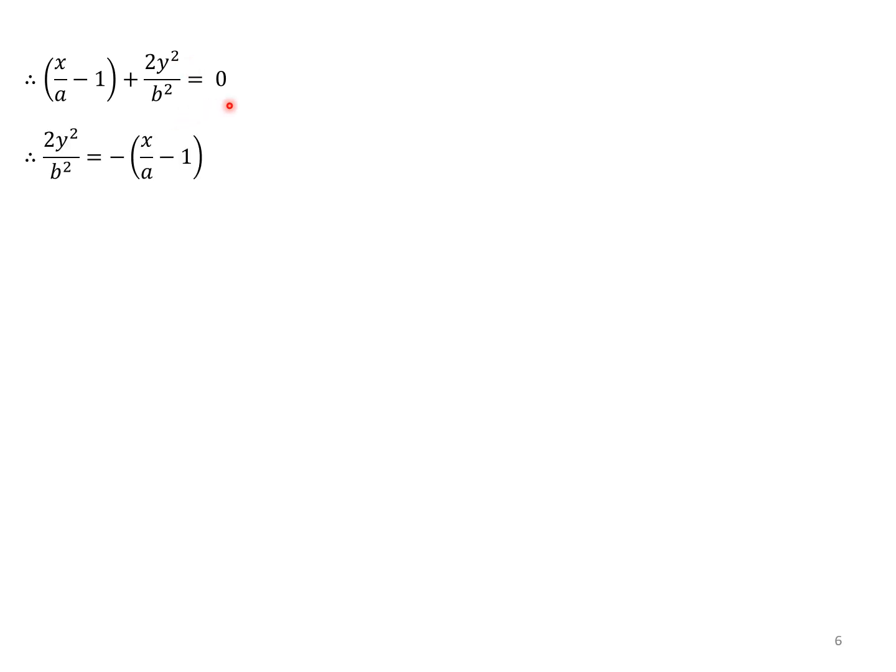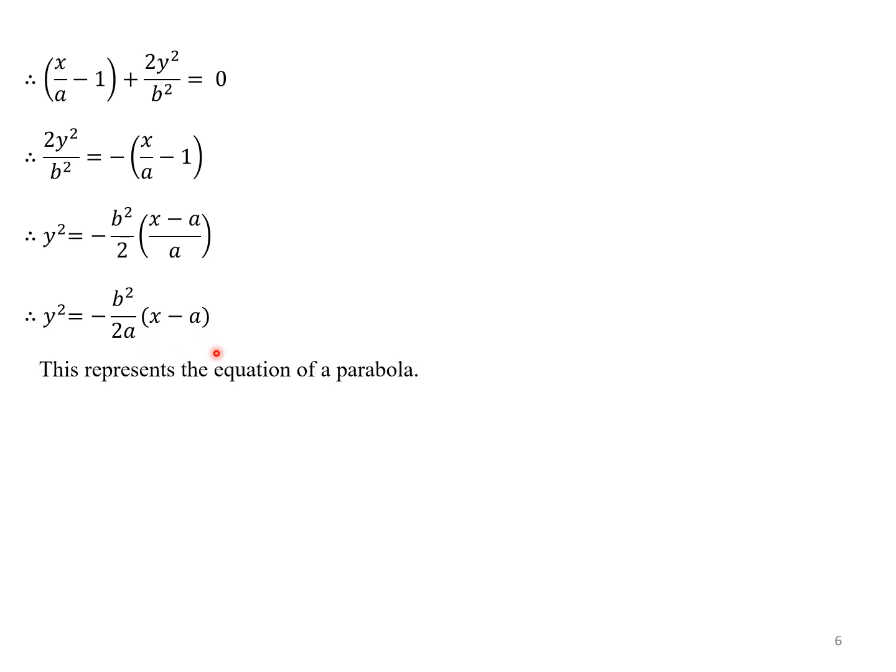Then rearranging, 2y square divided by b square is equal to minus (x divided by a minus 1). That is, y square is equal to minus b square divided by 2 into bracket (x minus a) divided by a. That is, y square is equal to minus b square divided by twice a, into (x minus a). This equation represents the equation of a parabola.